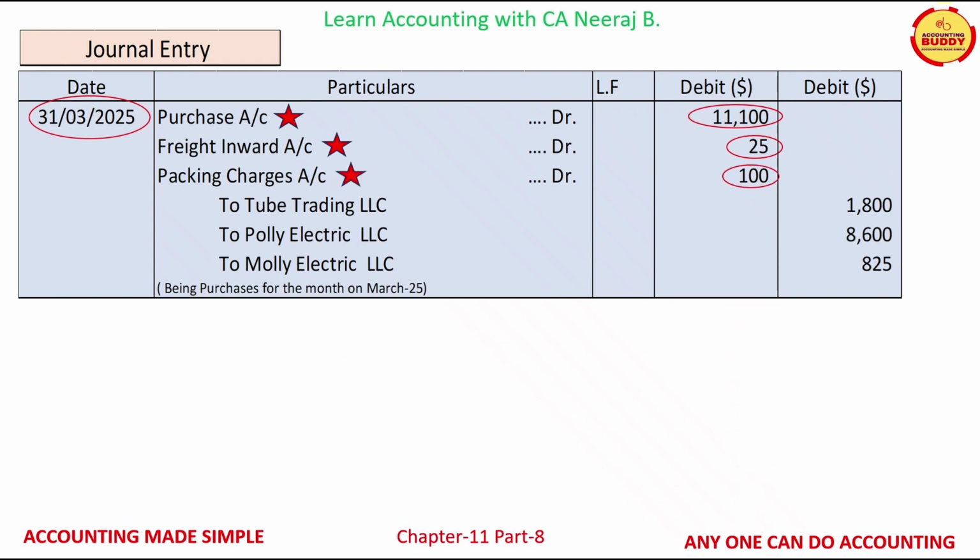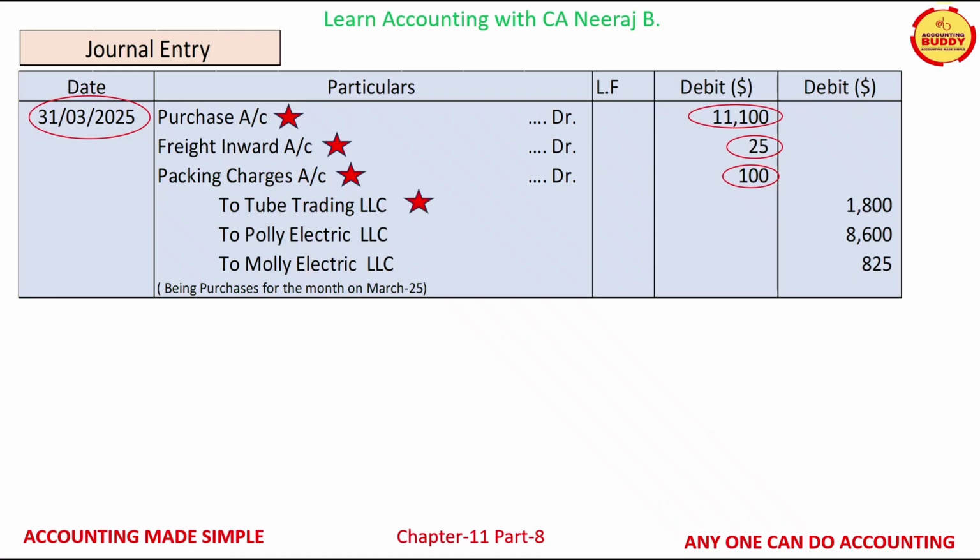Now the respective supplier accounts will be credited with the net value of the purchase after deducting the trade discount if any, and by adding the other expenses if any agreed to be paid to the respective supplier on account of freight or packing charges as the case may be.